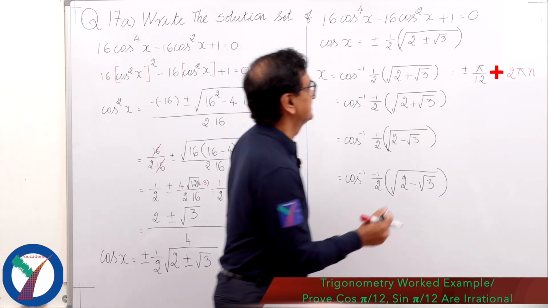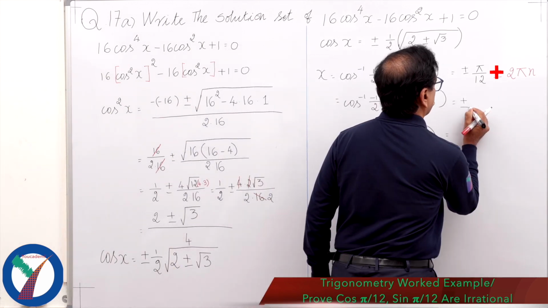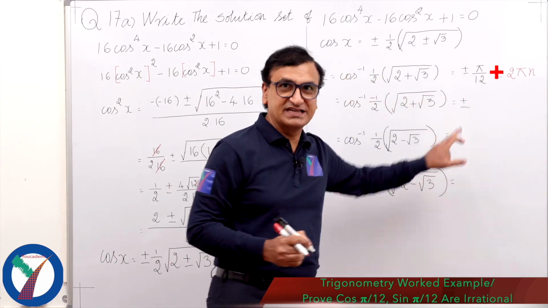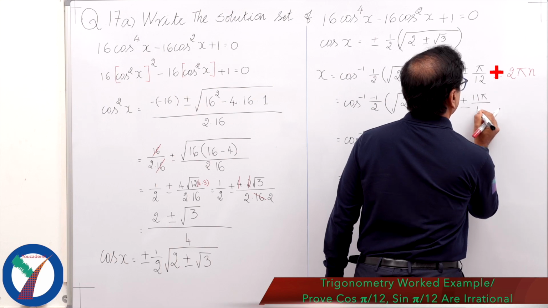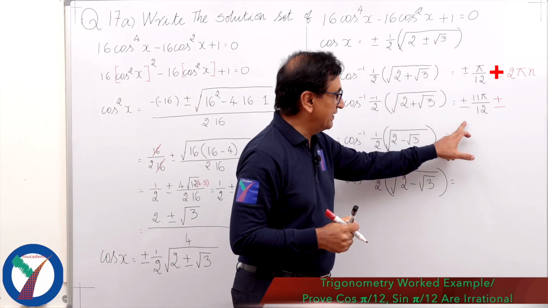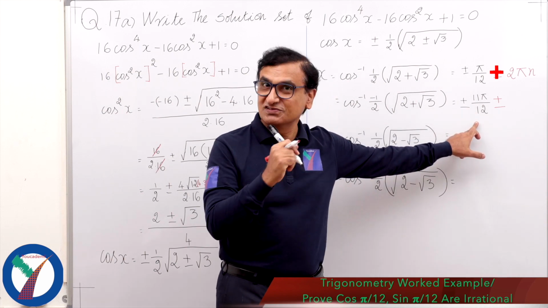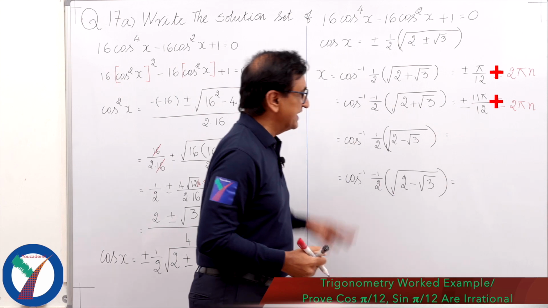Okay, next. So this would be plus or minus 11 pi by 12. The entire solution set is plus or minus 11 pi by 12 plus or minus 2 pi n. Okay, next.